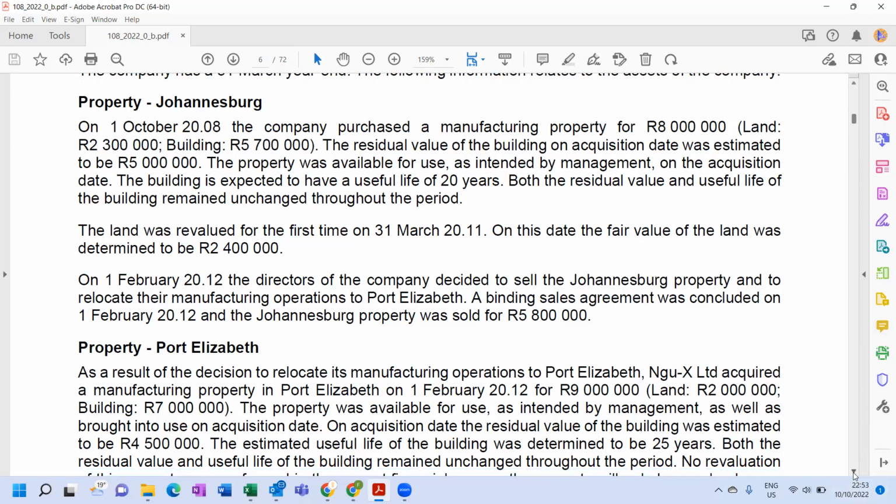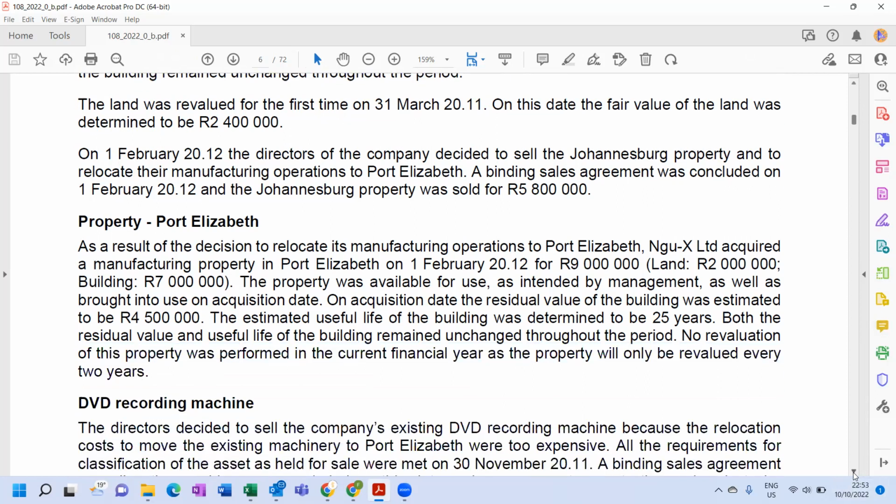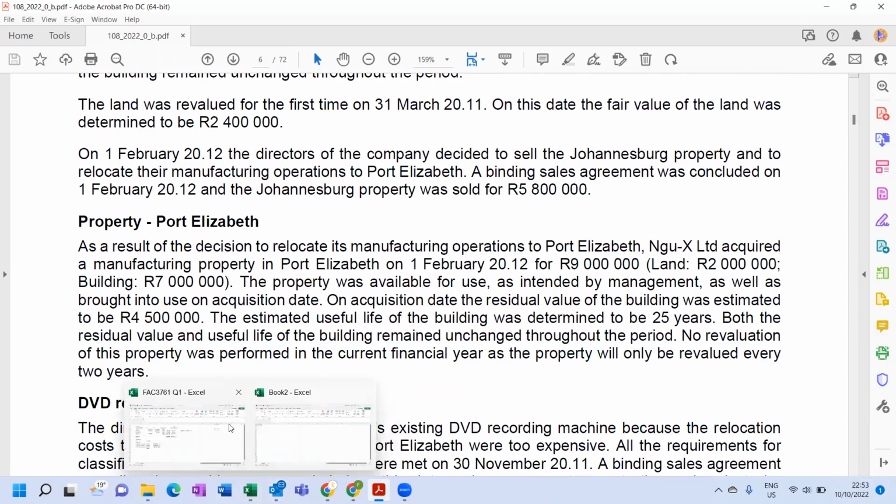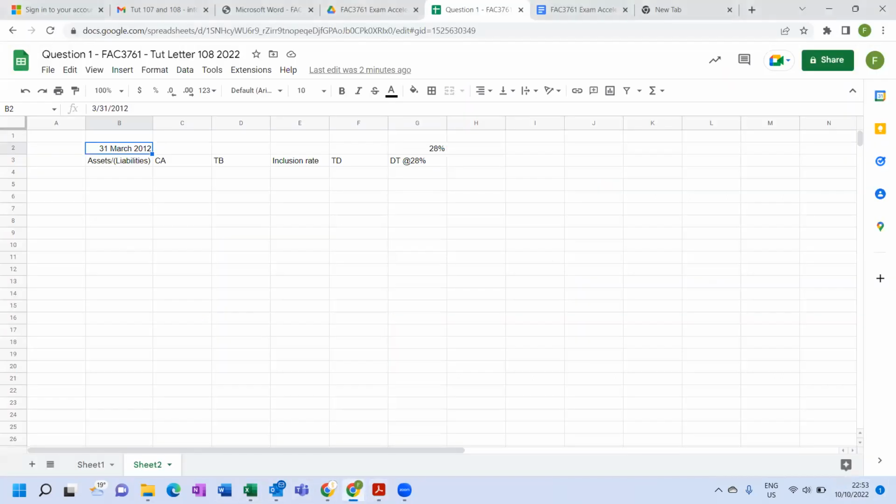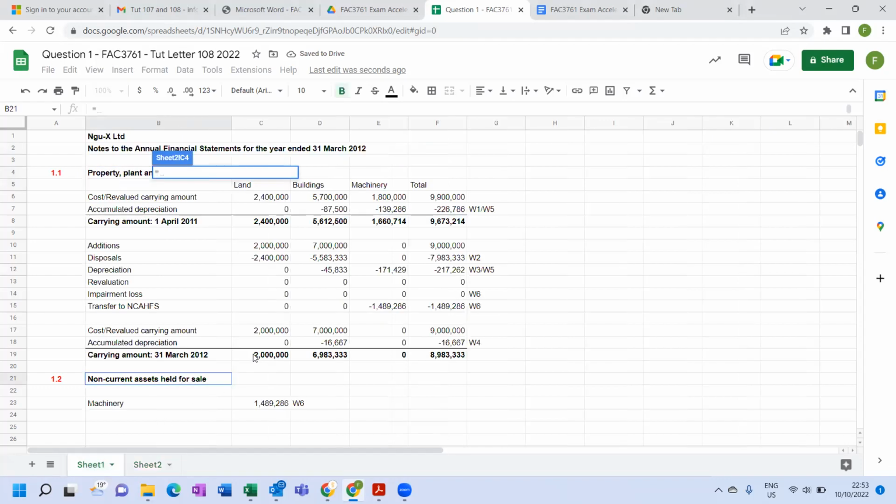When it comes to the property in Port Elizabeth, it is there as at 31 March 2012, so now I know I will have that in my books. The asset is land and buildings. The carrying amount at 31 March 2012 is that.